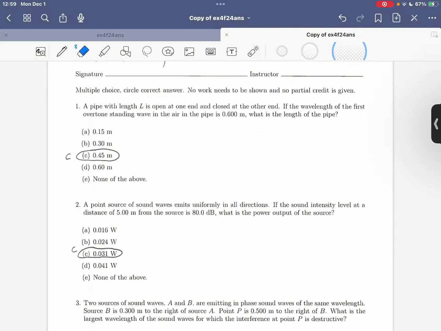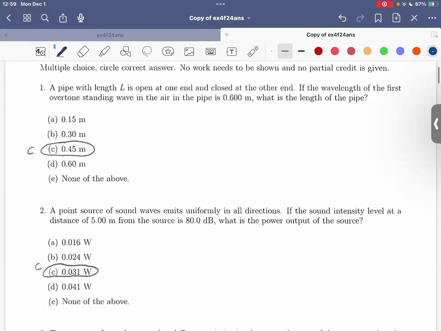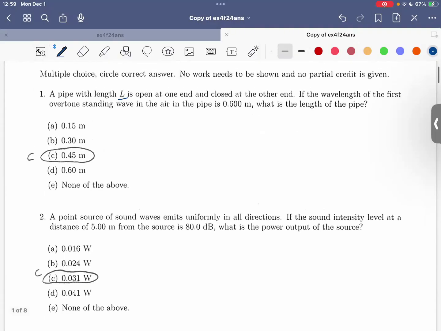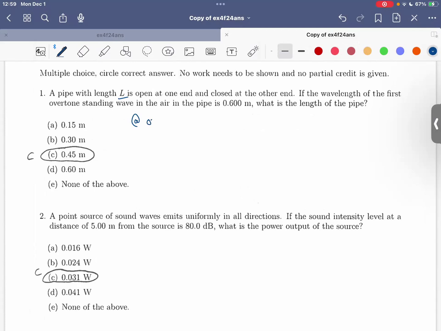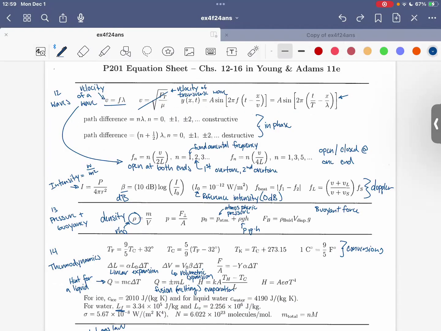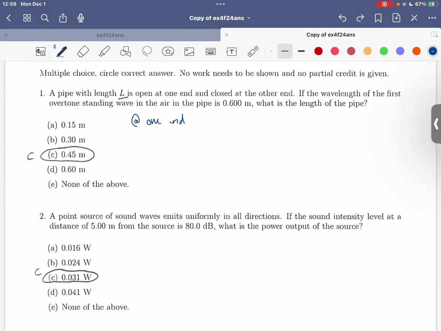Okay, so let's go over the exam now. Question one, we have a pipe with length L. It's open at one end and closed at the other end. So we know we'll be using a 4 equation, by which I mean the equation right here, the one with the 4 in it.